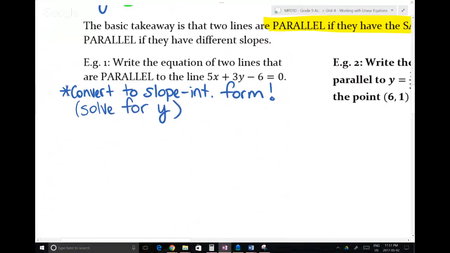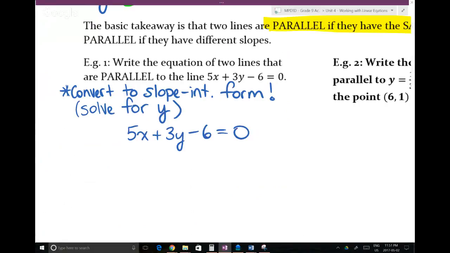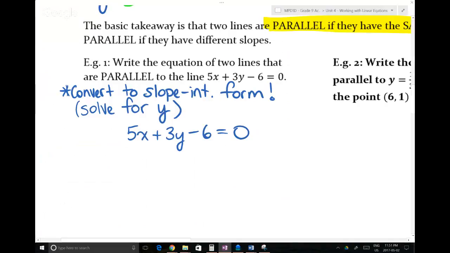And we're going to isolate y. So let's do that. If we have 5x plus 3y minus 6 equals 0, we want to get y by itself. On the first step, I want to get rid of this 6, so I'm going to add 6. And what I do to one side, I have to do to the other. I also want to get rid of this 5x, because I want the y's alone, so I'm going to subtract 5x.